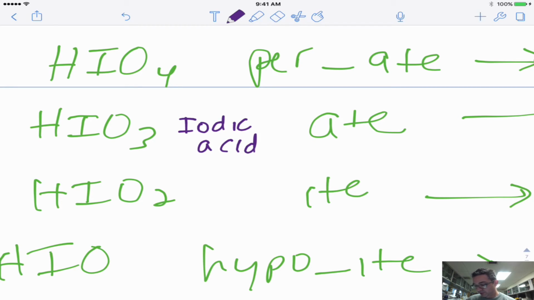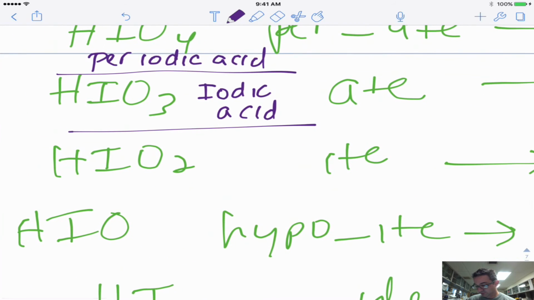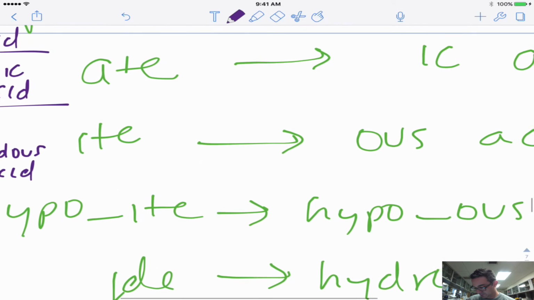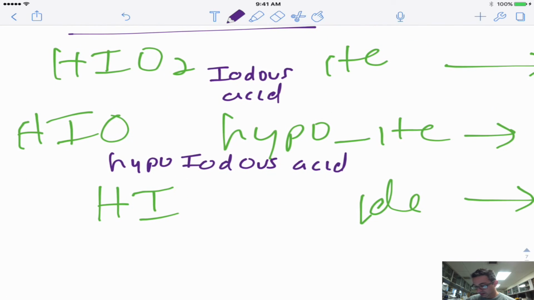Per-ate becomes per-ic, so this would be periodic acid. Ite becomes ous acid, so this would be iodous acid. Hypo-ite becomes hypo-ous, so this becomes hypoiodous acid. And HI becomes hydro-ic, so this would be hydroiodic acid.